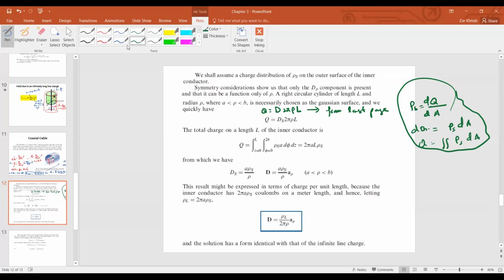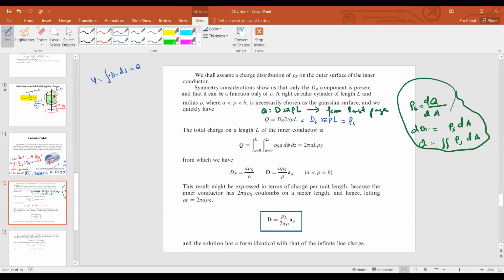If you are looking for the total charge, this equation is equal to D S 2 pi rho L. And what is D S? D S is rho S, the surface charge density. You remember psi equals the integral of D dot dS equals charge. This is Gauss's law.